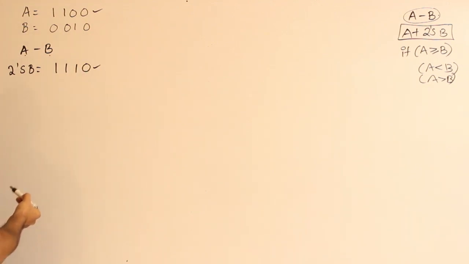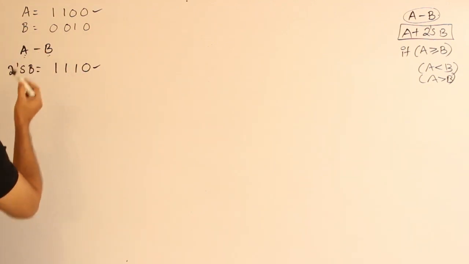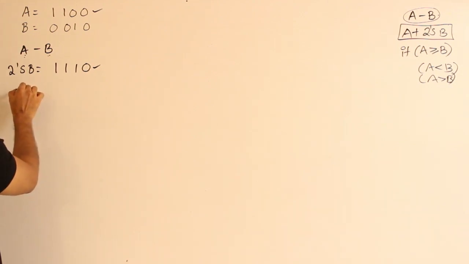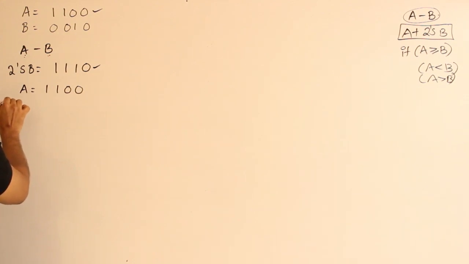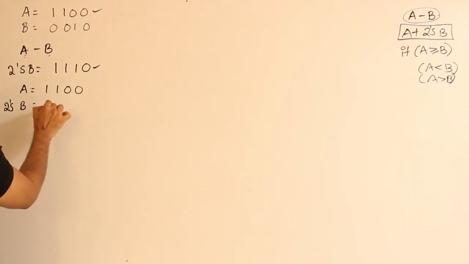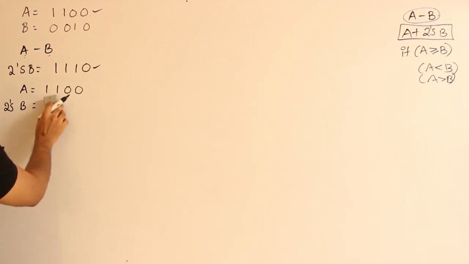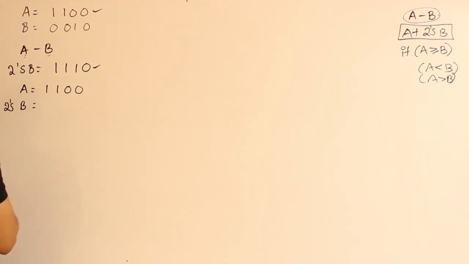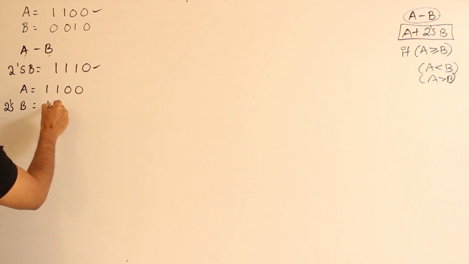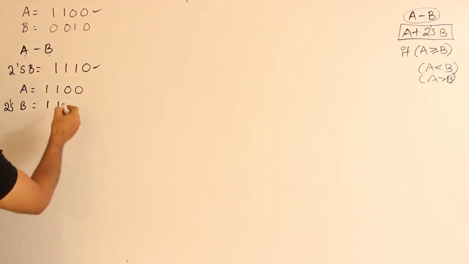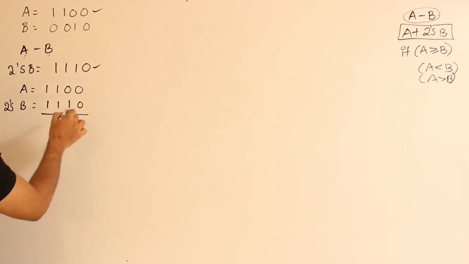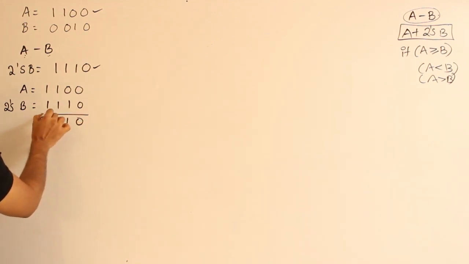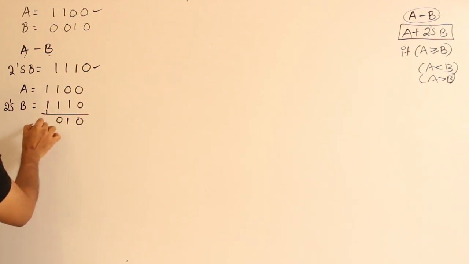Now a minus b is a plus 2's complement of b, so a is 1100 and 2's complement of b is 1110, and they will be added.